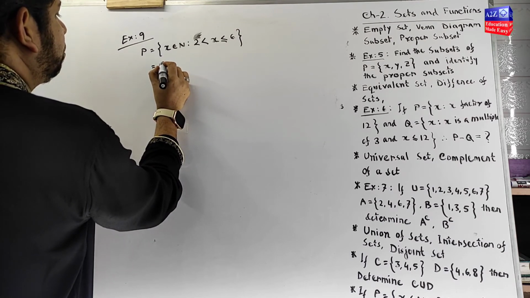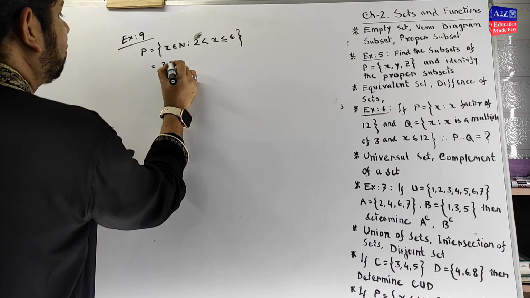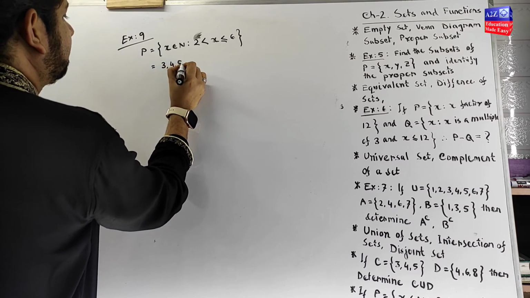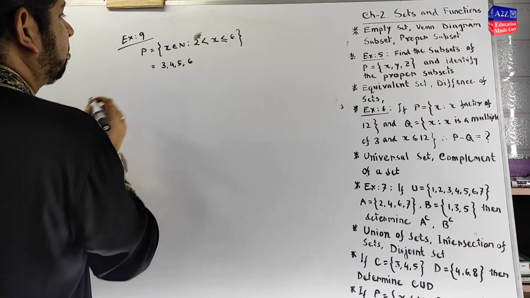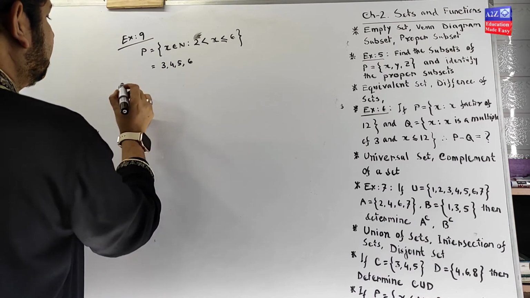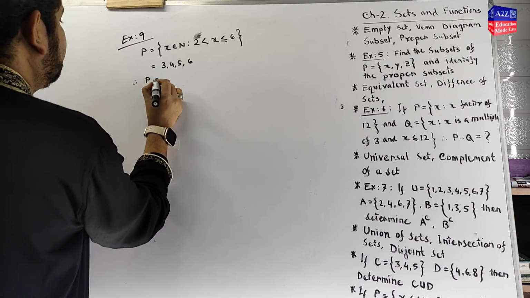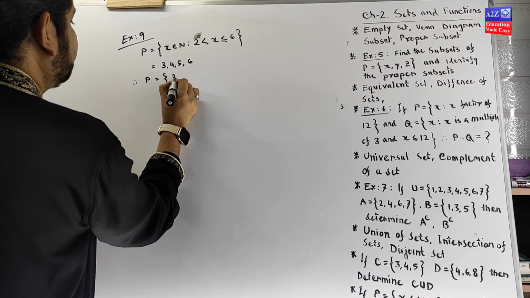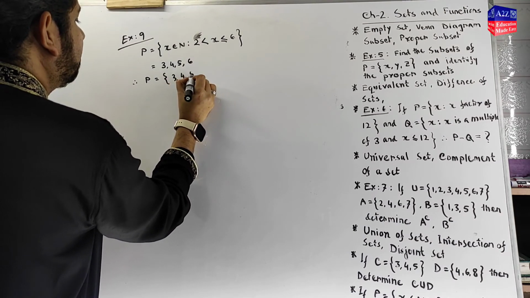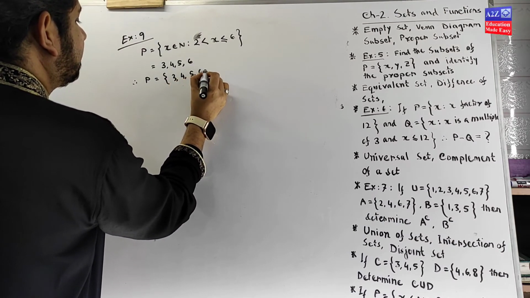Since it is greater than 2, it can be 3, 4, 5, 6, but not greater than 6. Therefore P equals 3, 4, 5, 6.